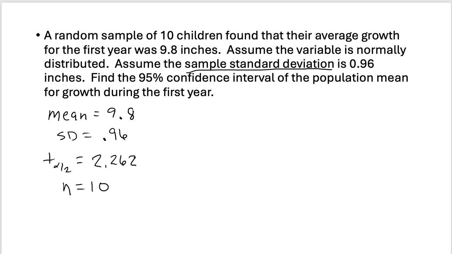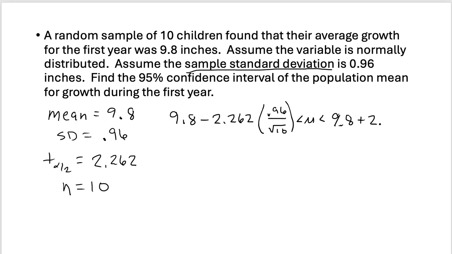All right, so now I'm just going to plug my numbers into my formula. Remember, you start with your mean. You're going to subtract off your t-score, multiply by your standard deviation, divided by your sample size. And it's going to be the same calculation on the other side, but it will have a plus sign instead. Okay, we'll go to our calculator and we'll plug it in.